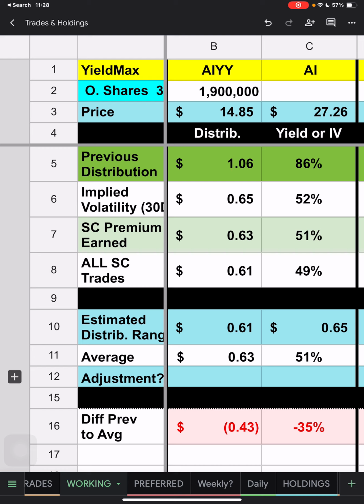So then at the bottom, we have the difference from the previous to the average. And I might change that average later. I don't know. That's just what I used for now, because the estimated range doesn't help me.